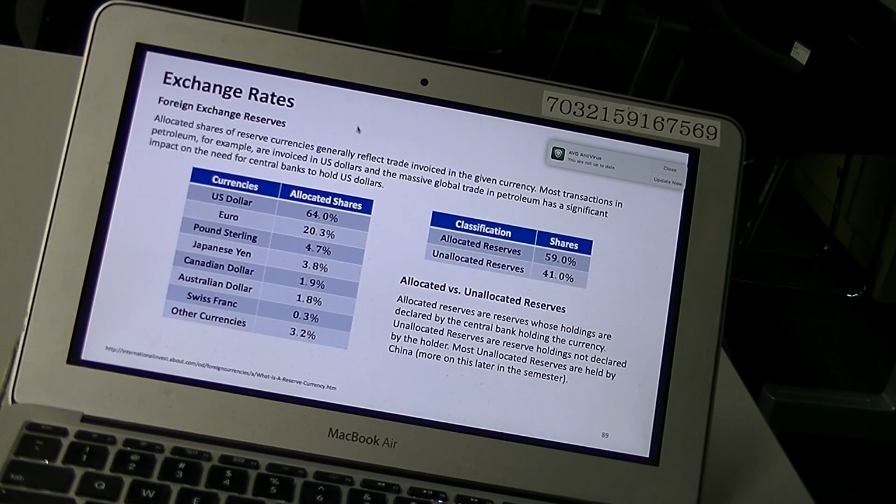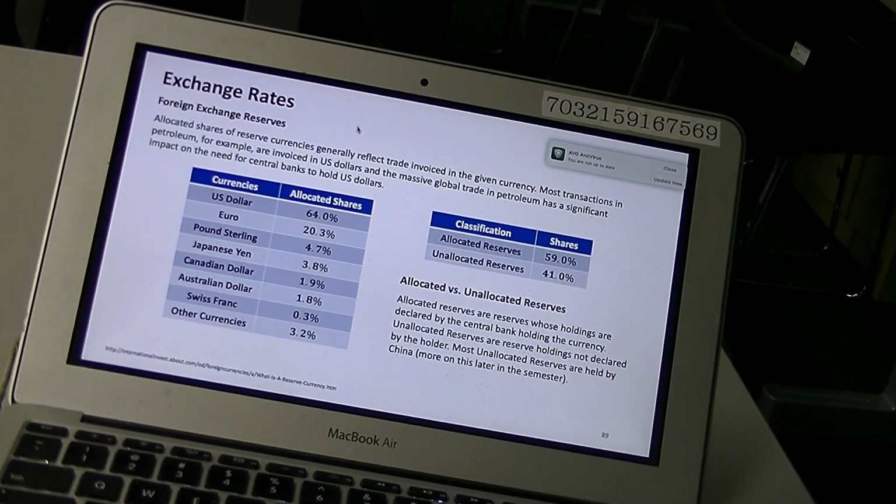The Swiss franc is very traditional, though probably lower than it used to be. The reason is that Switzerland has traditionally been a private banking center, and so people have held Swiss francs because of private banking reasons.